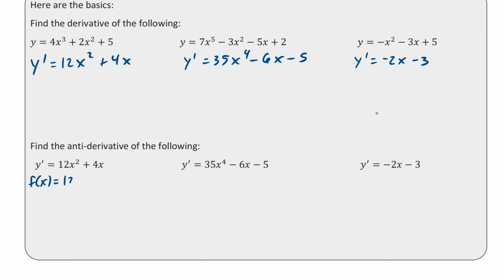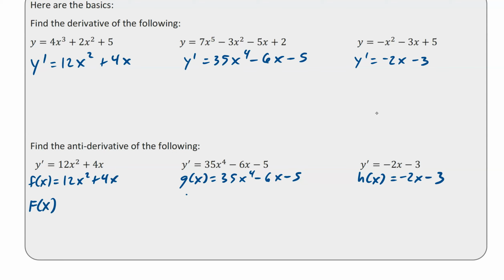It'll say f of x equals 12x squared plus 4x, or g of x equals 35x to the fourth minus 6x minus 5, or h of x equals negative 2x minus 3. And what they want you to do is find the antiderivative. And we're going to call that capital F of x, capital G of x, and capital H of x.